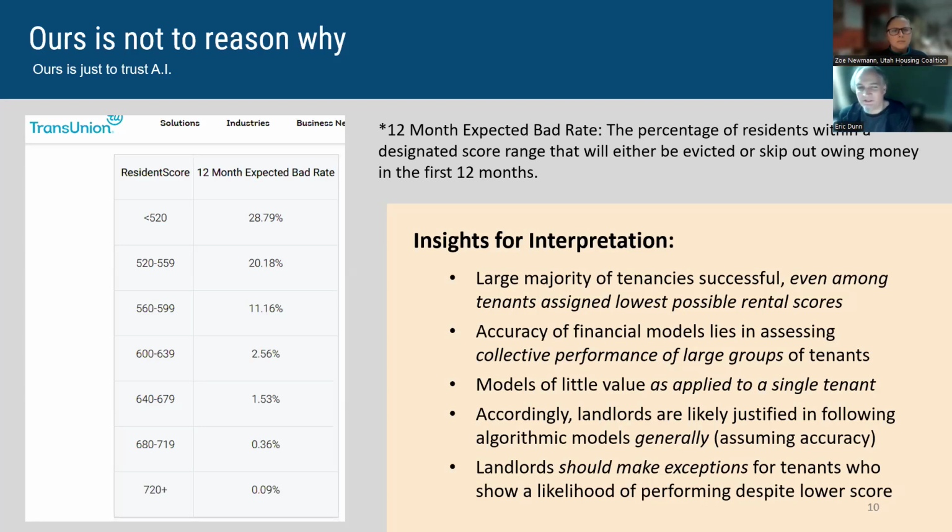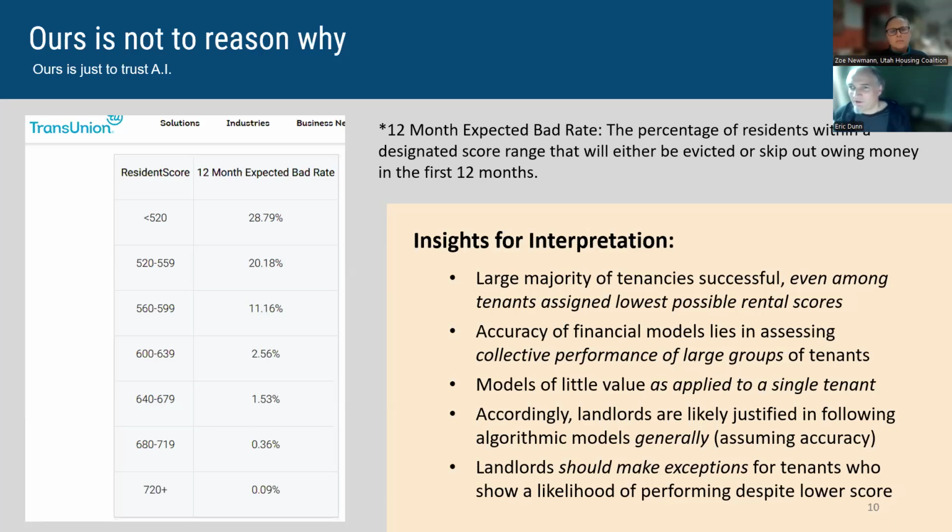And what they do is they break down the scores into these different bands. So if you have 720 or above, you're in the best score band. And if you've got between 680 and 719, you're in the second best, and so on. And then they show, if you're in a particular score band, what is your likelihood of defaulting on a lease.